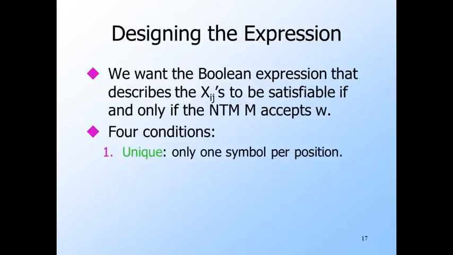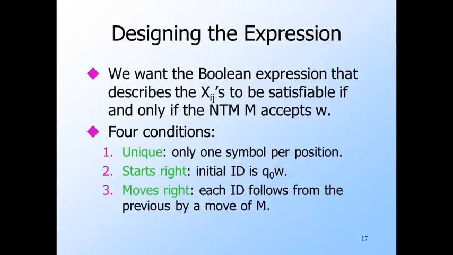First is the sub-expression we'll call unique. It enforces the rule that there is only one symbol in each position of each ID. That is, the value of x_ij is unique. The second sub-expression is starts right. It forces the initial ID to be the start state followed by w. The next is moves right. This really should be moves correctly, but that's too many syllables.